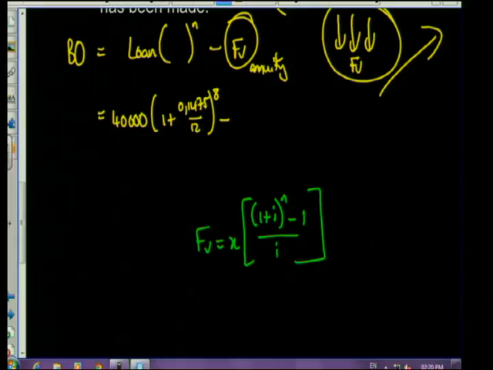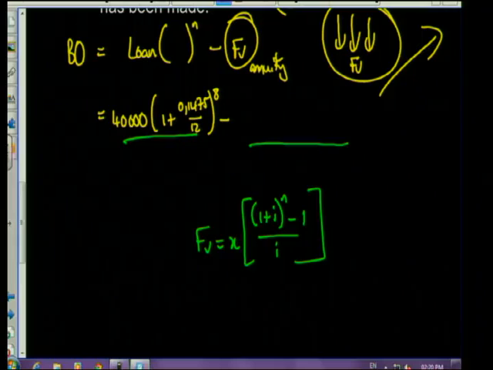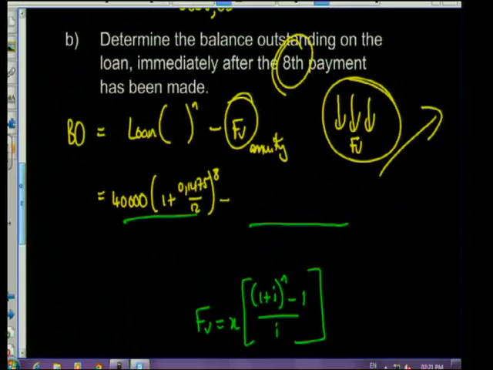Remember, you're treating them as separate bank accounts. So take your loan as if you've never paid it for 8 months. Take all your payments as if they've never paid off the loan for 8 months. The difference between those two bank accounts will give you the balance outstanding. And whilst it's quite a busy formula and there's a lot being written here, it's not complicated conceptually.